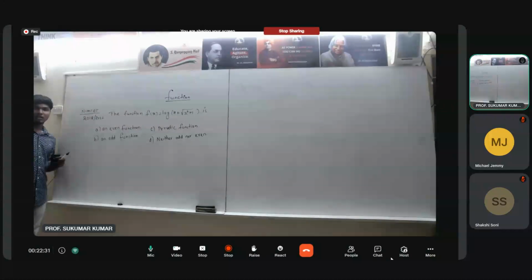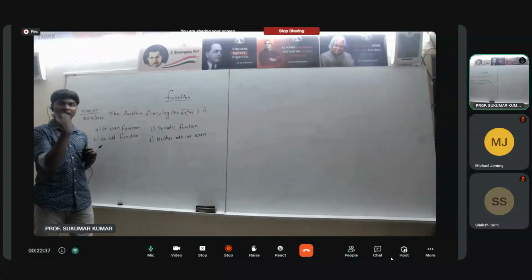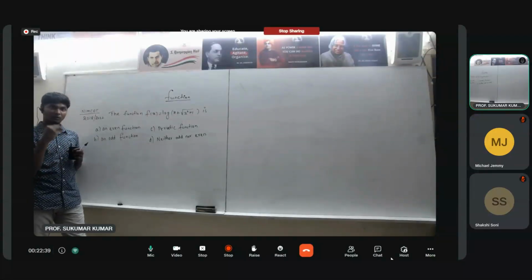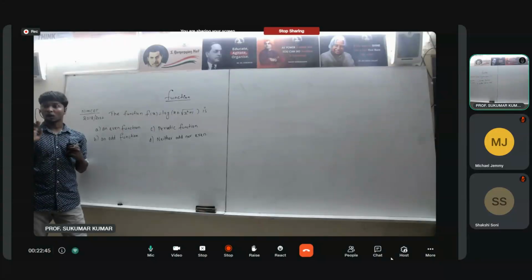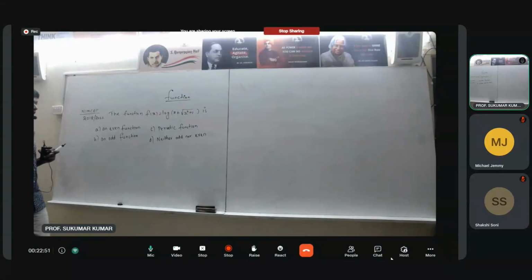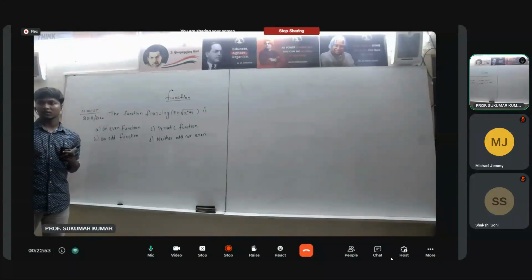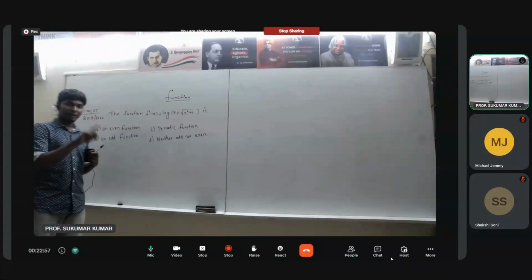Keep it in mind: if it is an even function, applying x and minus x gives the same function, it is symmetrical about the y axis. If you are applying y, it is symmetrical about the x-axis. But for an odd function, there is a general theorem: it is always symmetrical about the origin 0,0. That's a 2023 question.